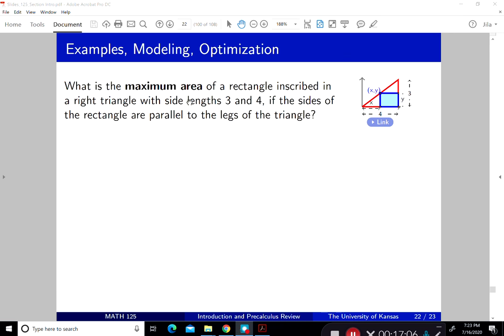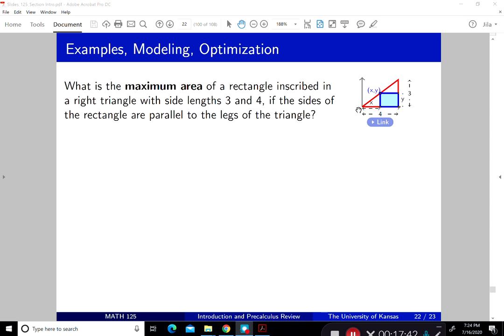Here we're maximizing area, which is this length times this length. There are two different lengths, and therefore the function we're optimizing is a function of two different variables. We're not equipped to deal with functions of two variables, so we have to convert one variable to the other variable.